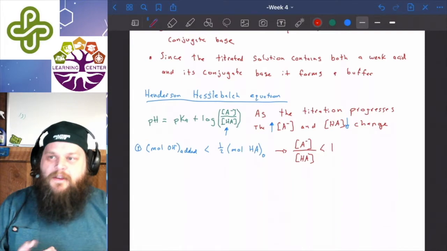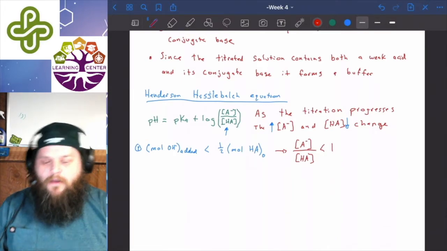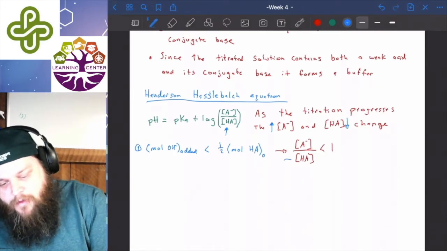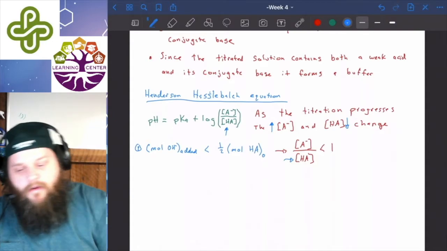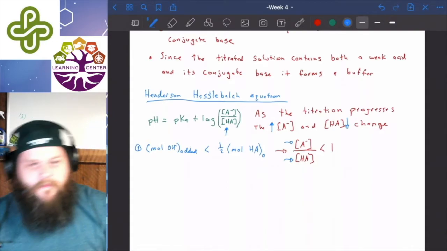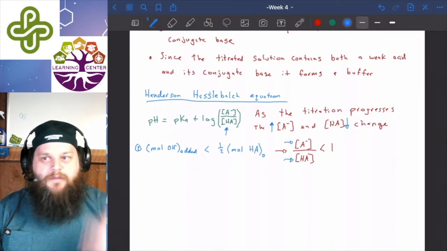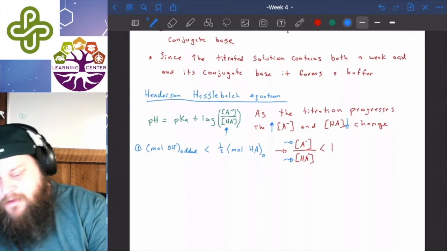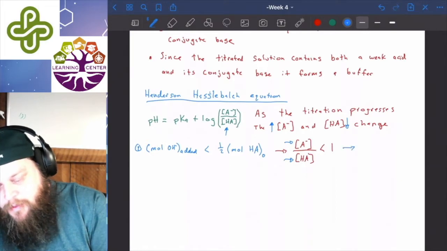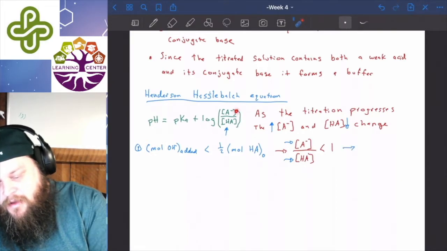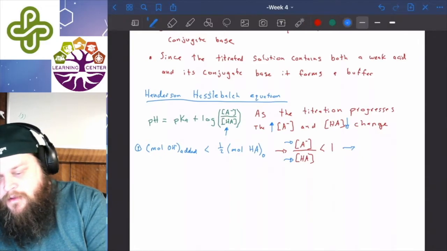That's because the number on the bottom is going to be bigger than the number on the top. So we end up with this fraction where the numerator is smaller than the denominator, so we have a value that's less than 1.